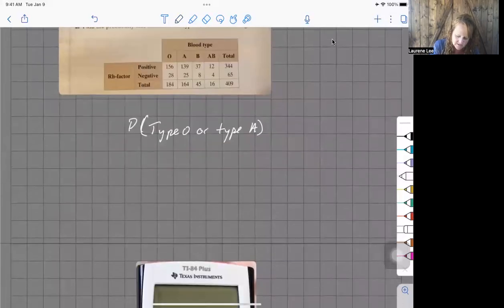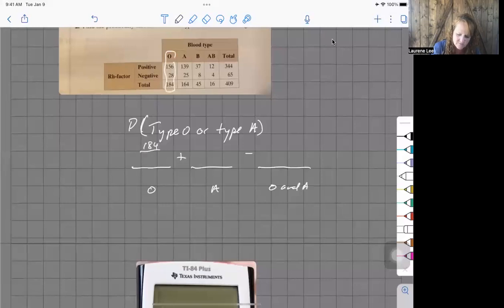So my formula is going to say type O plus type A minus O and A. All right, so let's start with this. Type O is right here. There's 184 of those out of my total, which is 409. The type A is going to be 164 out of 409. And the question is, can you be type O and type A?